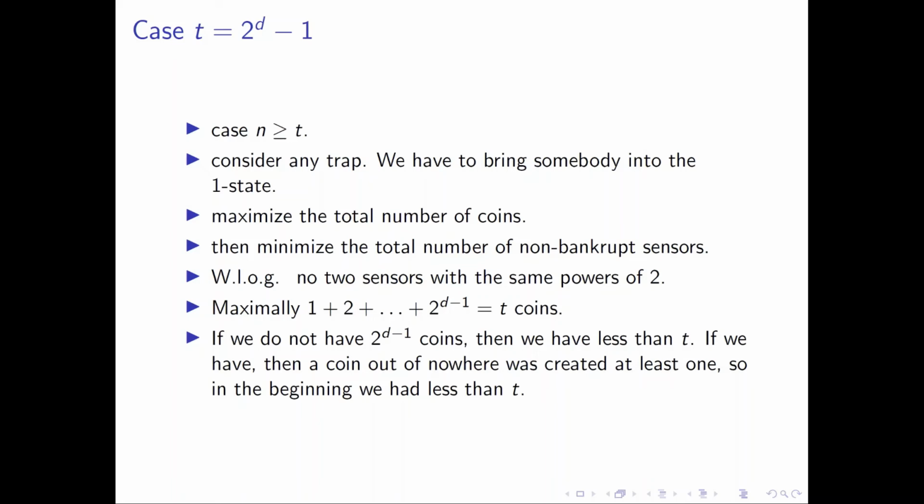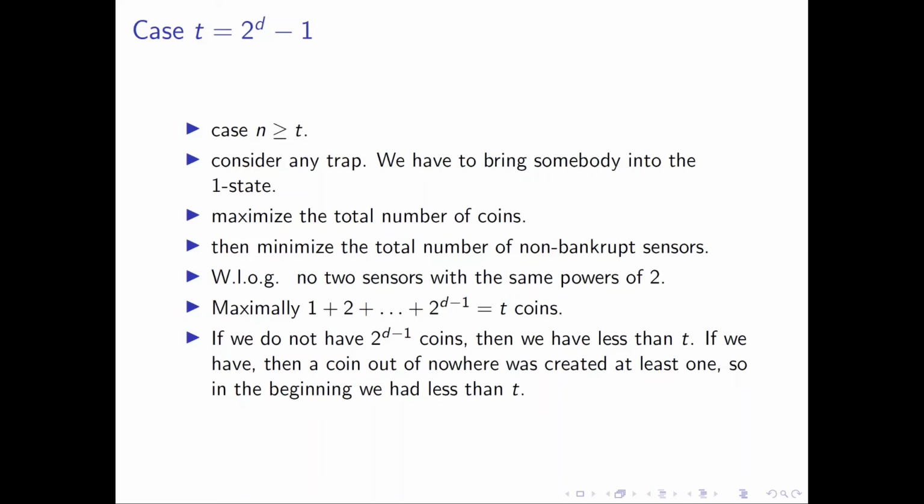Okay, so maximally we have 1 plus 2 plus up to 2 to the d minus 1 coins. But maybe we don't have this last 2 to the d minus 1 coins, but then we have strictly less than t coins. And in the beginning, we have at least t, so that's impossible because we can only increase the number of coins throughout the protocol. So we should have exactly 1 plus 2 plus up to 2 to the d minus 1 coins.